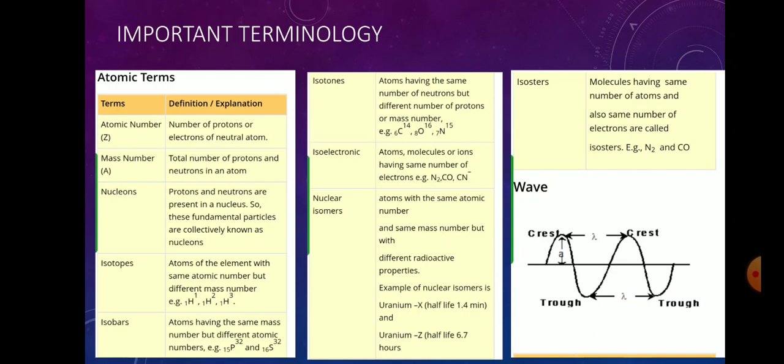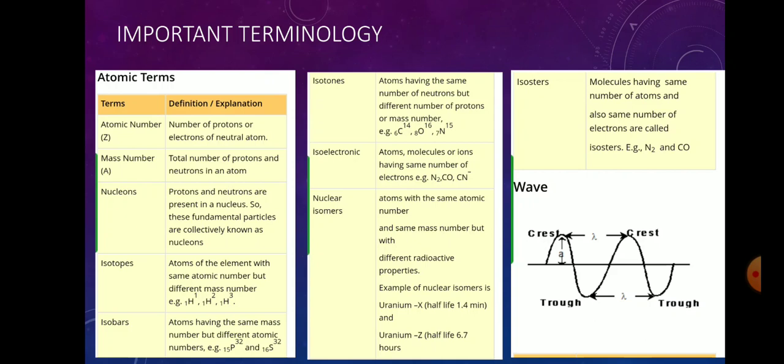Isoelectronic, defined as atoms, molecules or ions having same number of electrons. Example, N2, CO, CN-. Nuclear isomers, atoms with the same atomic number and same mass number but with different radioactive properties. Example of nuclear isomers is uranium X, half-life is 1.4 minute, and uranium Z, half-life is 6.7 hours.